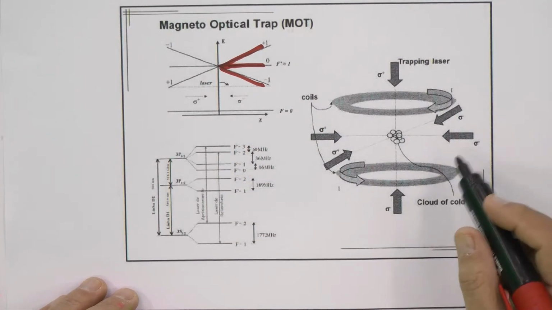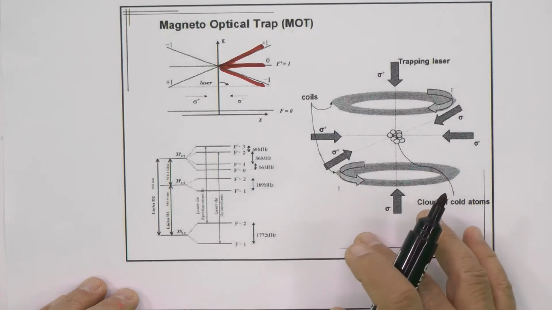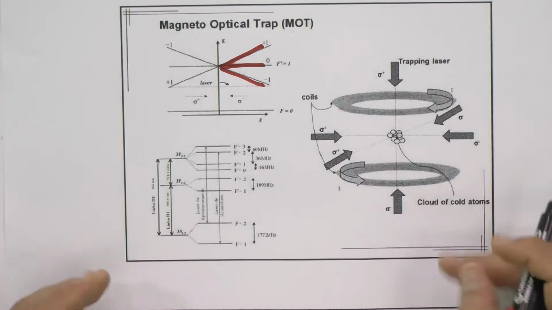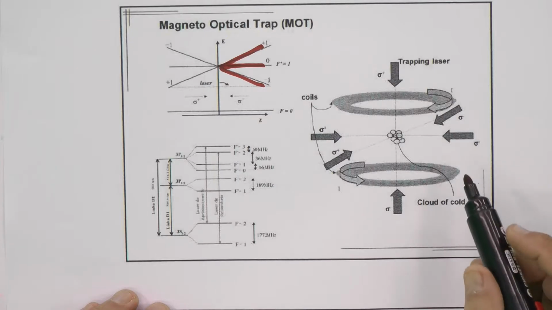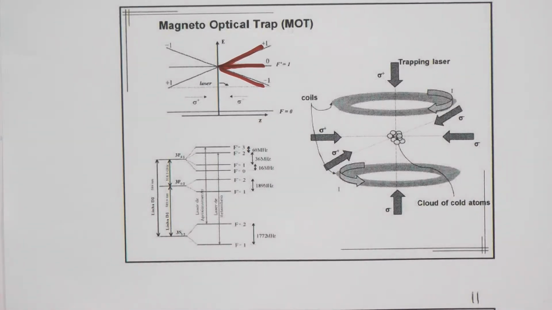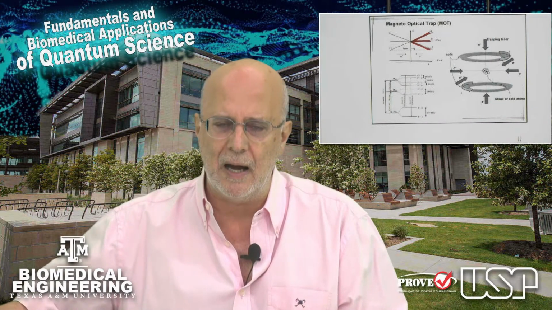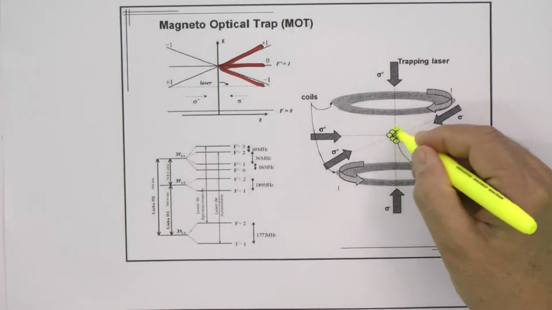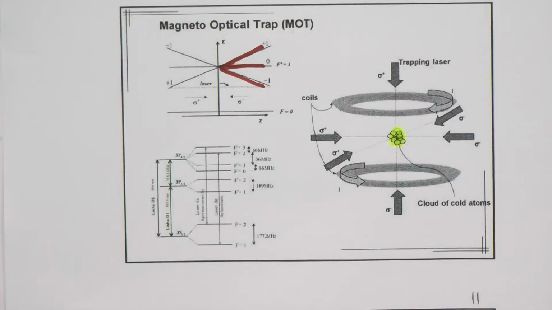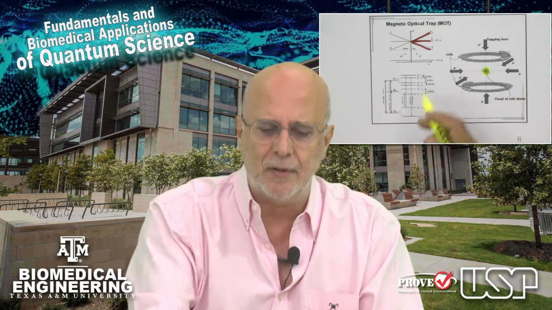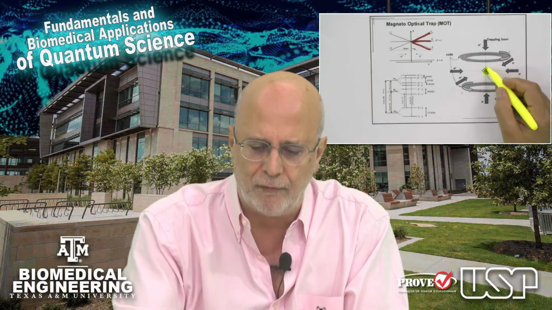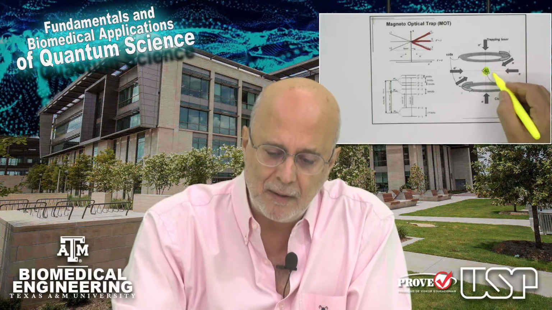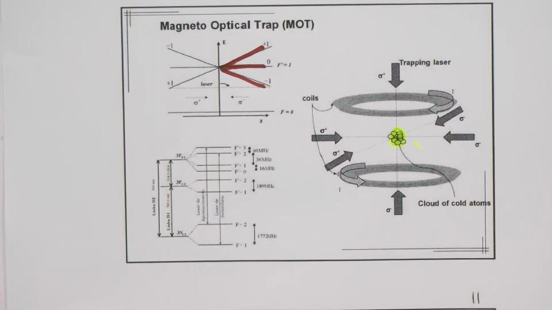And then he made not only a molasses, a way to remove energy from the atoms, but also a way to confine the atoms. So by putting coils, by playing with the internal structure, you are able to confine the atoms and make them be at a very low temperature.